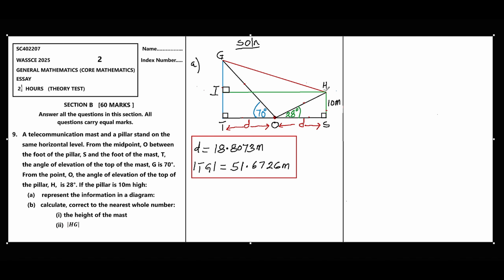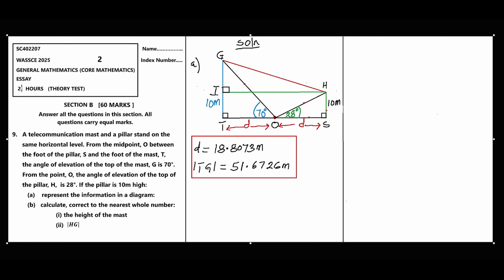So if line SH measures 10 meters, then it means that line TI will also measure 10 meters.